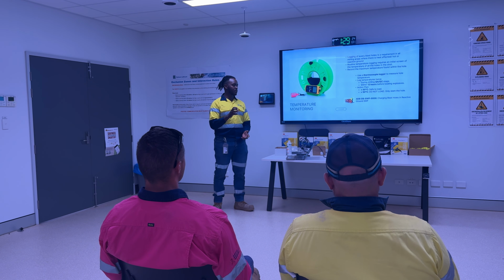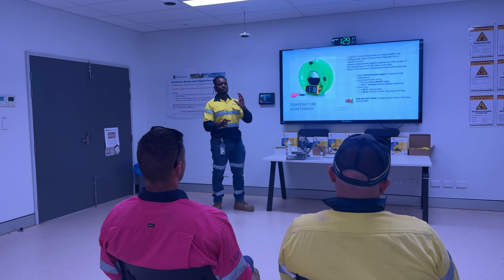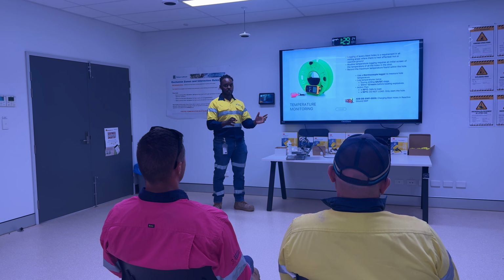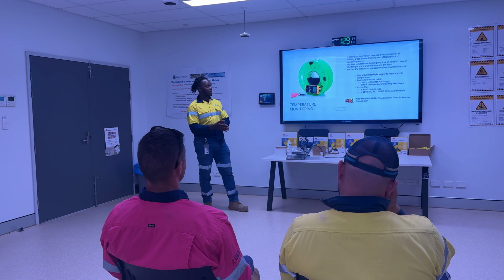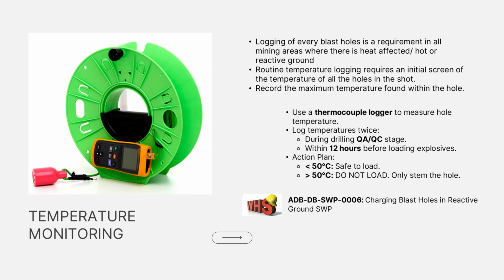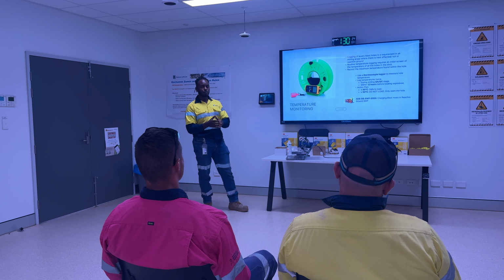That allows you to have a good understanding of the hottest sections and the least hot sections. Logging of every blast hole is a requirement in all mining areas where there is heat affected or reactive ground, and this is consistent with our SWP on handling reactive grounds.